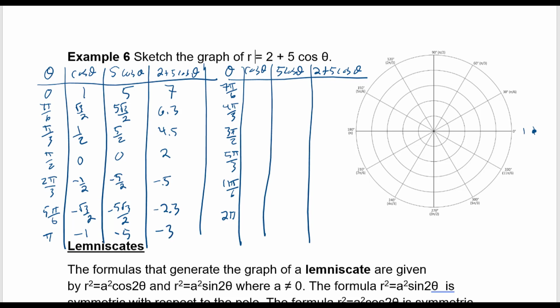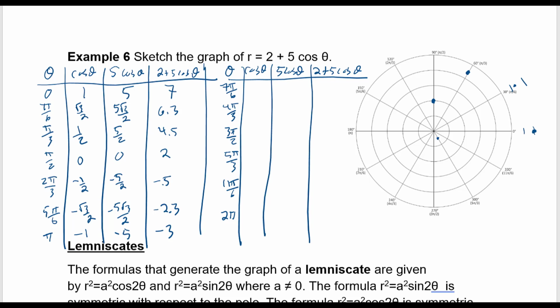So just to put it in context, this is taking us to 6.3, so that's our 6 and that's our 7, so it's going to be right about there. And then we're at 4.5, right about there. And then we're at 2, so wow, that comes down pretty quickly. And then we're switching to negative. It's positive, but it's -0.5, so it's down here.